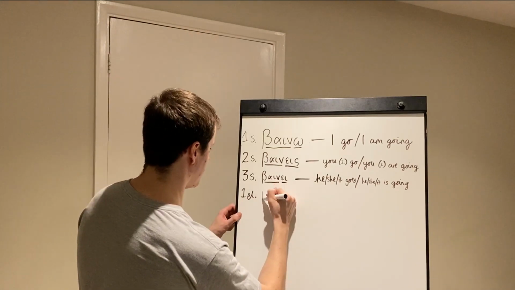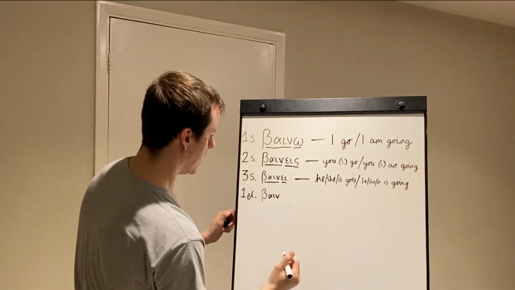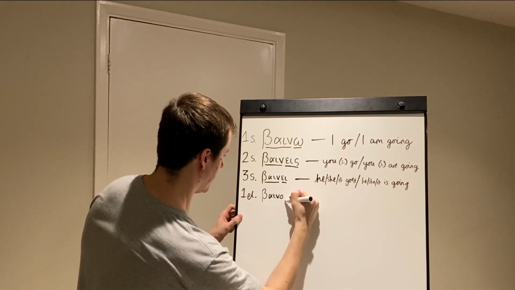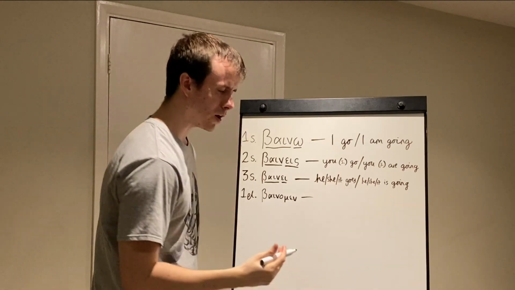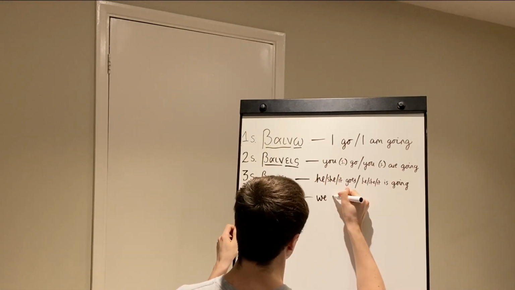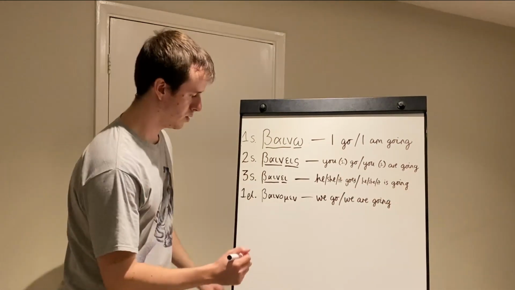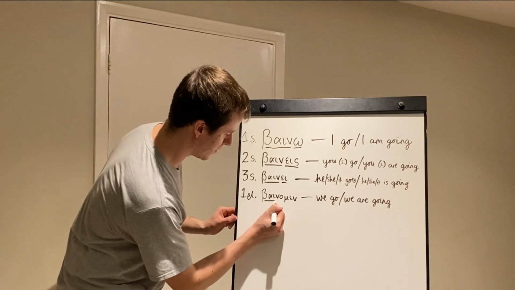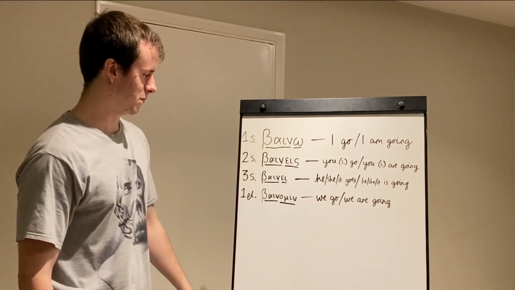So we take the stem, bain, and then we add the person ending, omen: bainomen, meaning we go or we are going. Once again, composed of the verb stem, bain, and the person ending, omen.